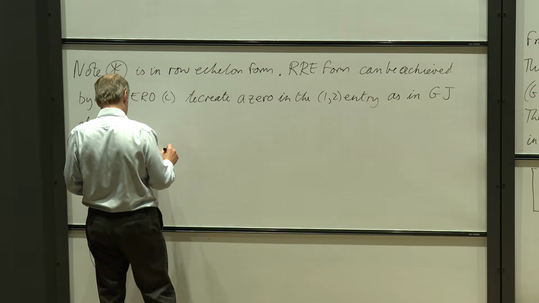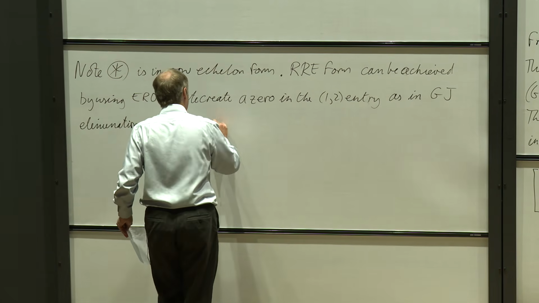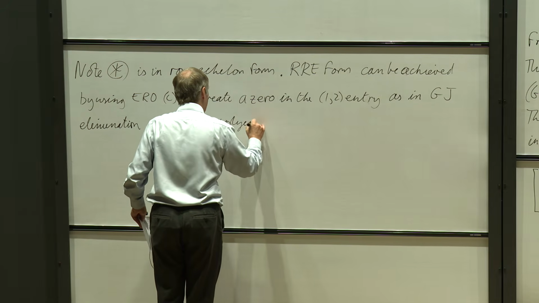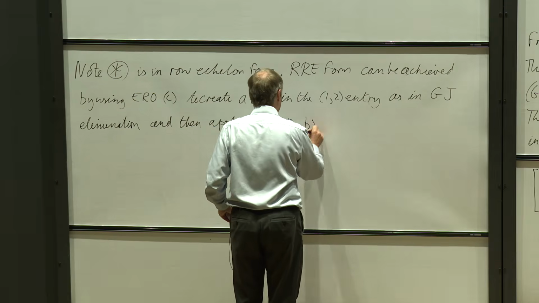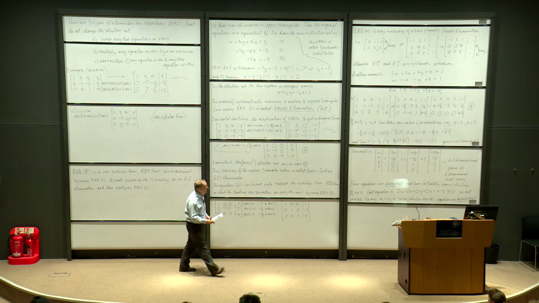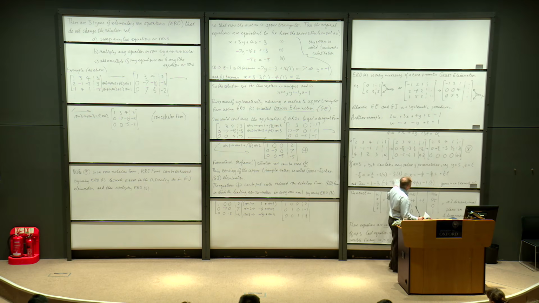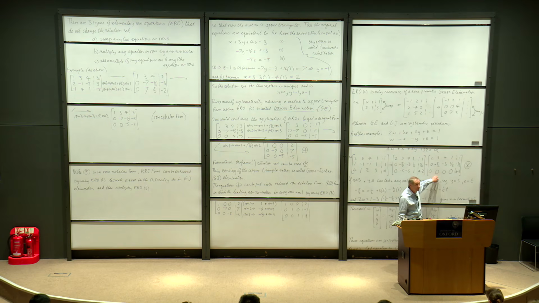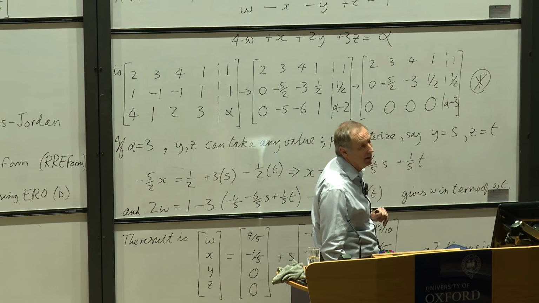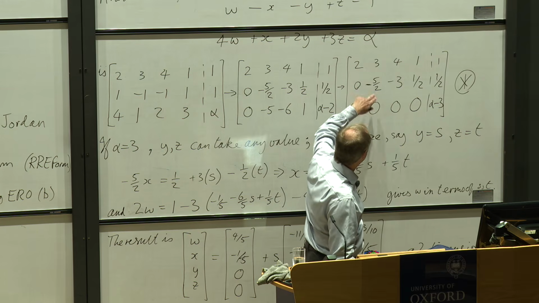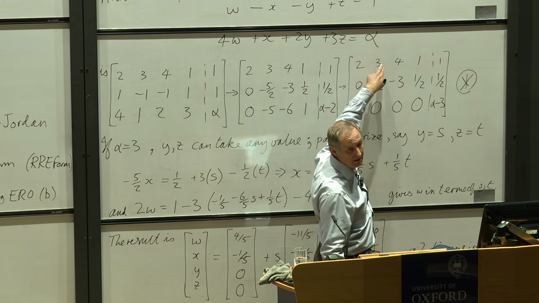And then applying ERO B. That is just scaling the equation. So all I'm saying is that if you take these equations star here, you can't really make the last row much simpler. But you can make this row a little simpler by taking some multiple of this and adding to this to make a 0 in this position.